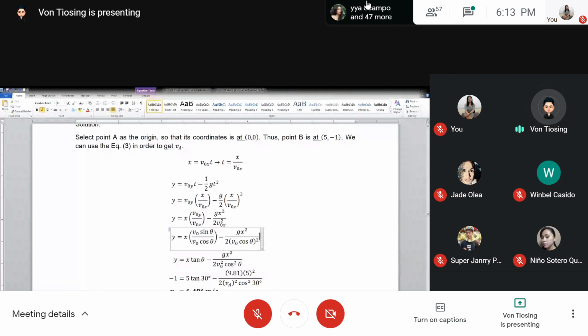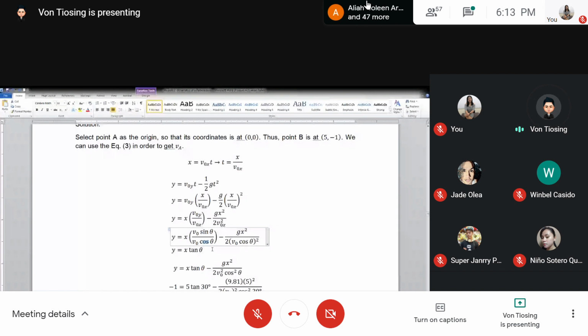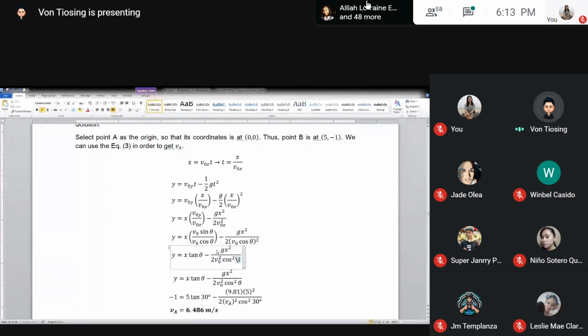Okay, y equals x tangent theta, because v naught is cancelled, no? And sine over cosine is tangent. So, minus g x squared over 2 v naught squared cosine squared theta. Okay? So, kung gusto nyo tandaan ko, walang problema. Pero you can just use this two formula here na binanggit sa taas. Okay, parehas na yan dito. Okay? So, dyan ang galing yan.